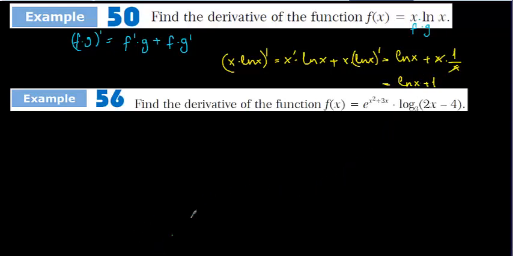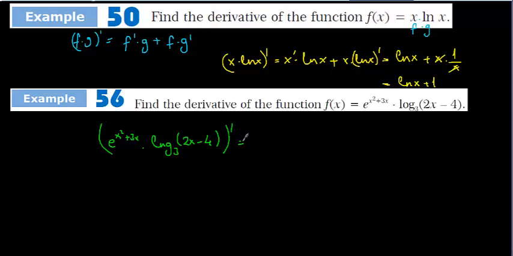Okay, the next one. There are two functions, again the operation between them is multiplication: e to the power of x squared plus 3x times logarithm base 3 of 2x minus 4.